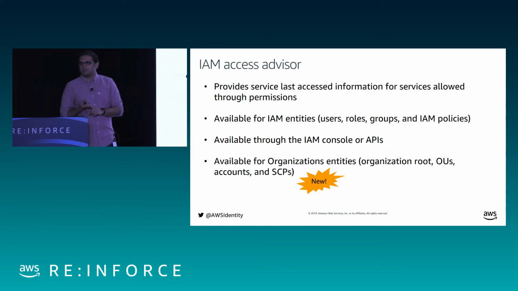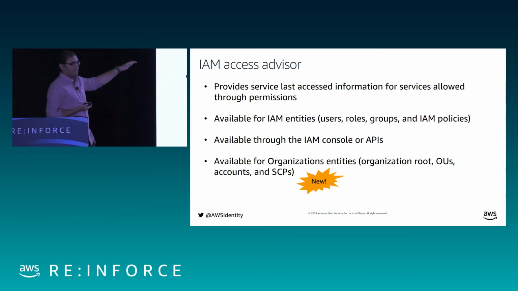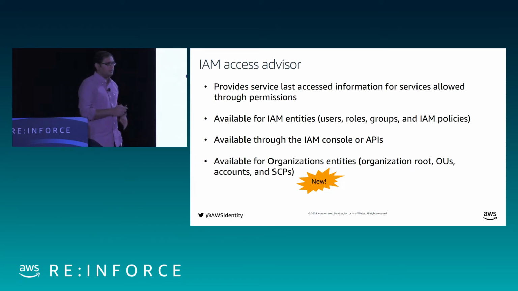It has been available for IAM entities, so you can go to the console into a specific IAM user or a group or a role or even an IAM policy and go to the Access Advisor tab, and it gives you a list of services permitted and the last access timestamp. We actually made it available through APIs as well, so you can automate against this information. It generates a JSON report that you can store, mine data over, and use.